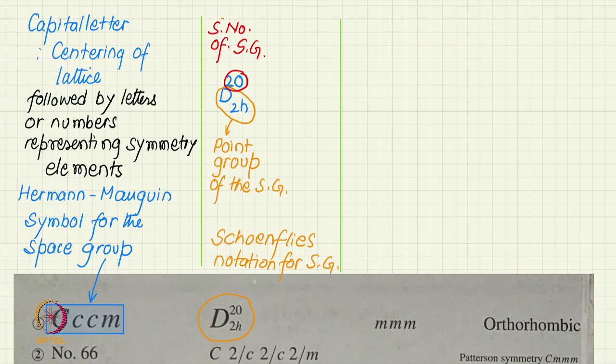From our point group videos, you know that D2H is a particular point group in Schoenflies notation. And so, D2H20 is the 20th space group having the point group symmetry D2H.